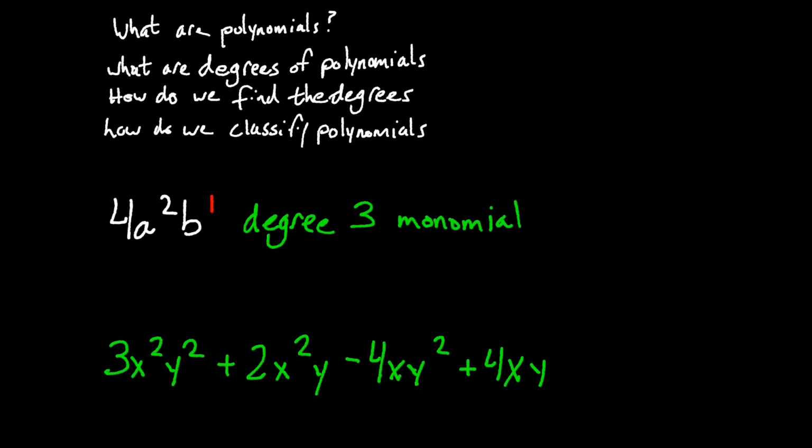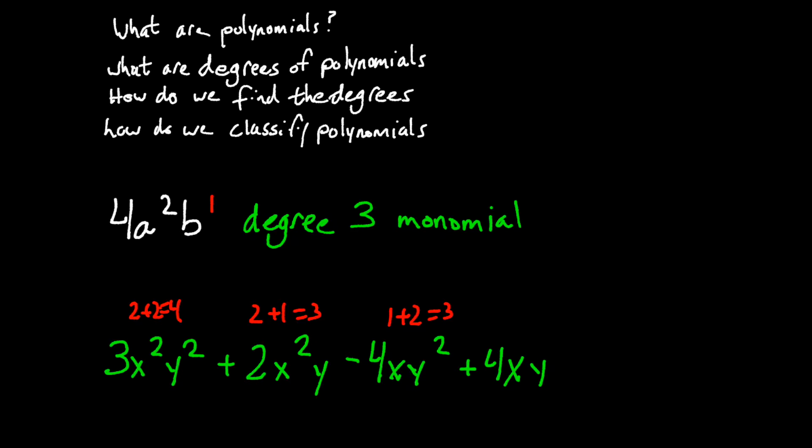Okay, looking at this down here, even though it's a polynomial, we can still find the degree the same way that we did with our monomial up here. This first term has a degree of 4, because 2 plus 2 is 4. This second one has a degree of 3, because 2 plus 1 equals 3. Same thing with the third term, 1 plus 2 equals 3.